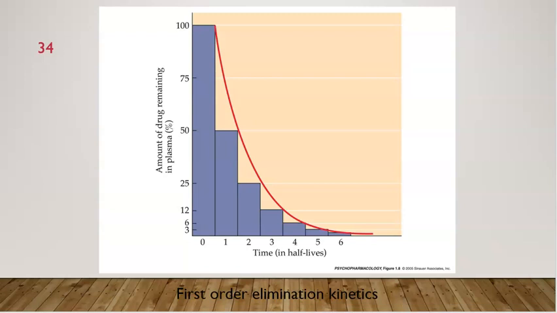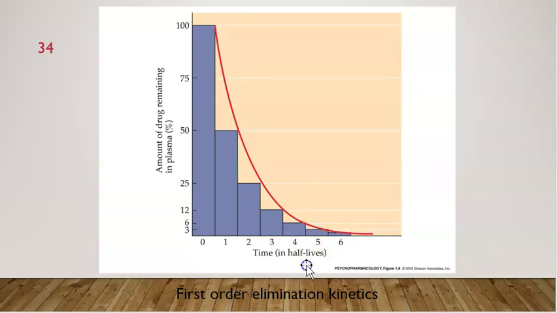So this is just a fun graph showing that first-order kinetics, showing how you have 100% of the drug at time 0. By time 1, you have 50%, time 2, 25%, and so on and so forth, all the way down. So every time period, you lose half of the last time period. Okay?